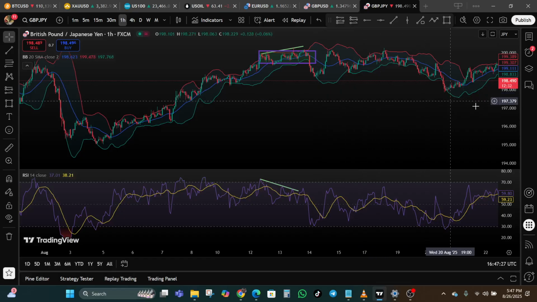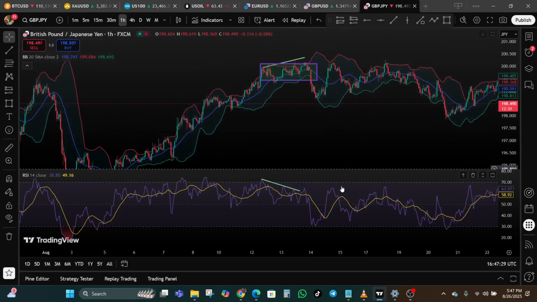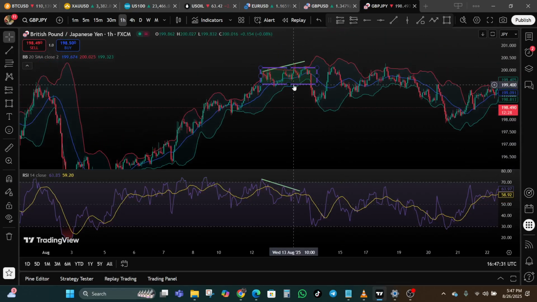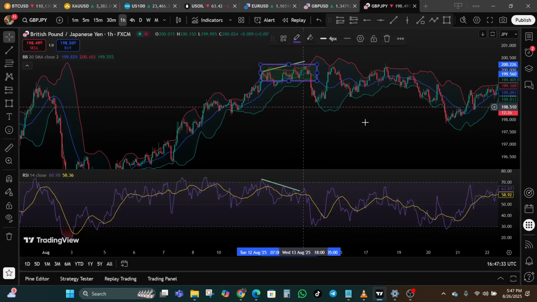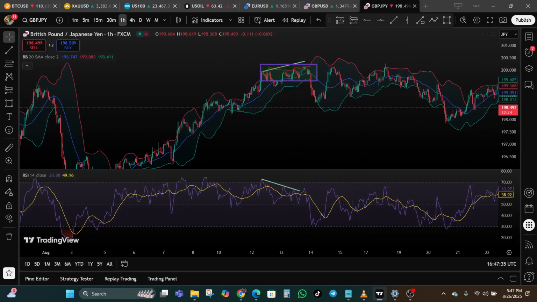This is where traders find high quality setups. For example, imagine the market is consolidating and the Bollinger Bands are getting tight. Price pushes to a new high within that consolidation, but the RSI does not confirm it, like what happened here. It shows bearish divergence.